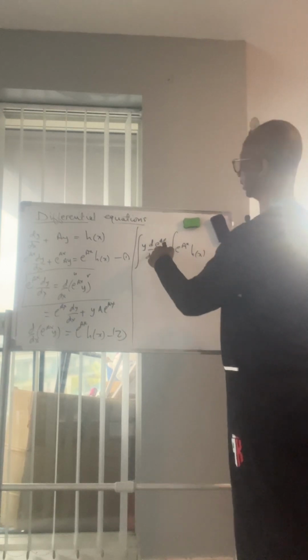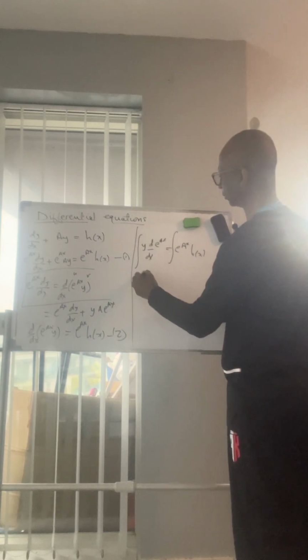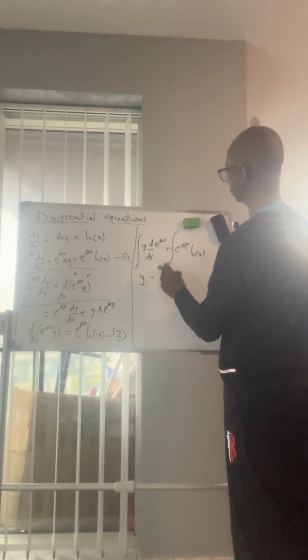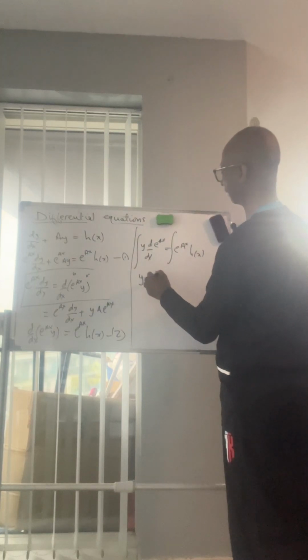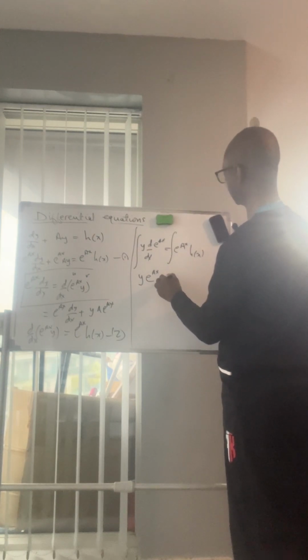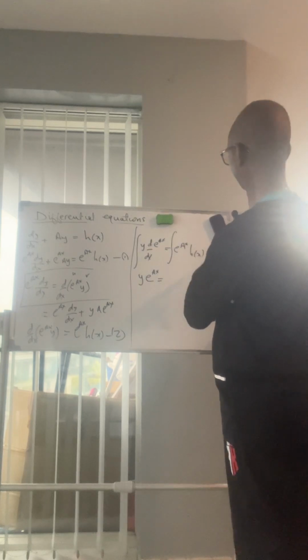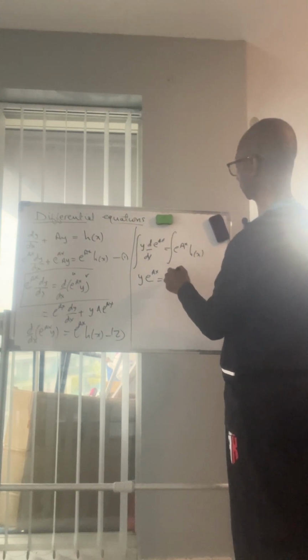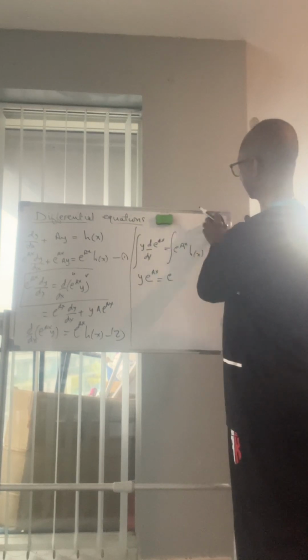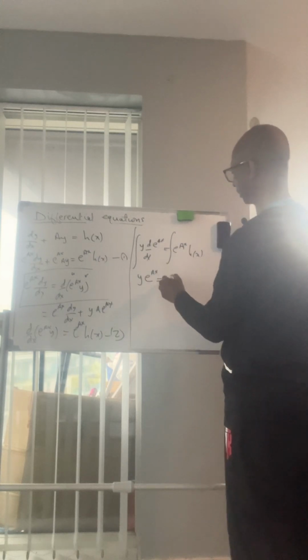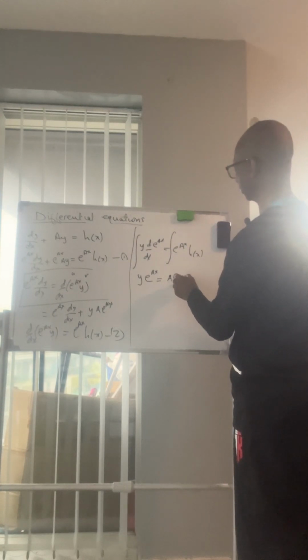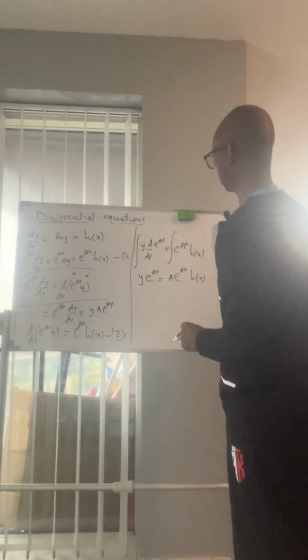So when you integrate this one, because you're integrating here, you will get y e raised to the ax equals, if you integrate this, you will get a e raised to the ax h of x.